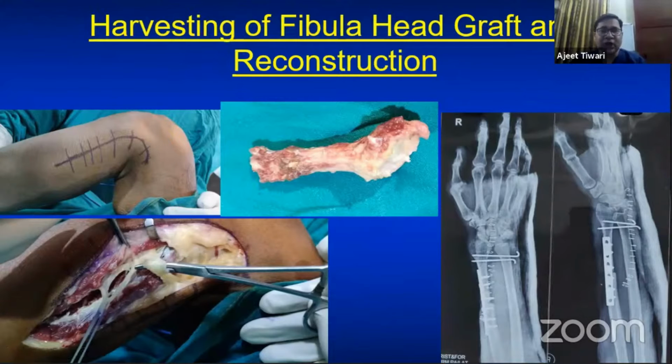The lateral collateral ligament of the knee, you have to reattach, so make a hole in the tibia bone and resuture the lateral collateral ligament, and always keep some cuff of tissue over the head of the fibula, so that you can suture this cuff of tissue with the capsule of the radiocarpal joint. And I have fixed this head of the fibula and reconstructed the wrist joint.